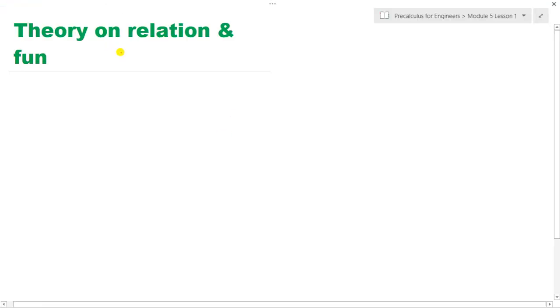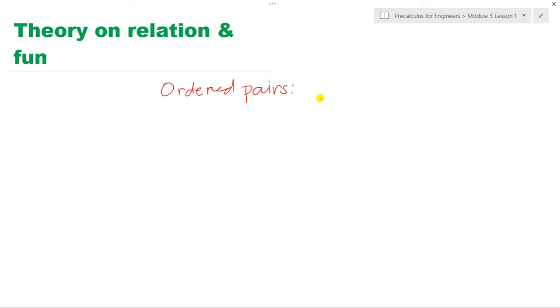So let's jump to ordered pairs. A relation or function is represented by at least 2 variables. So we have here the ordered pairs. Since they are a connection, there are at least two. It can be three, but three variables you will meet in higher subjects or higher mathematics.